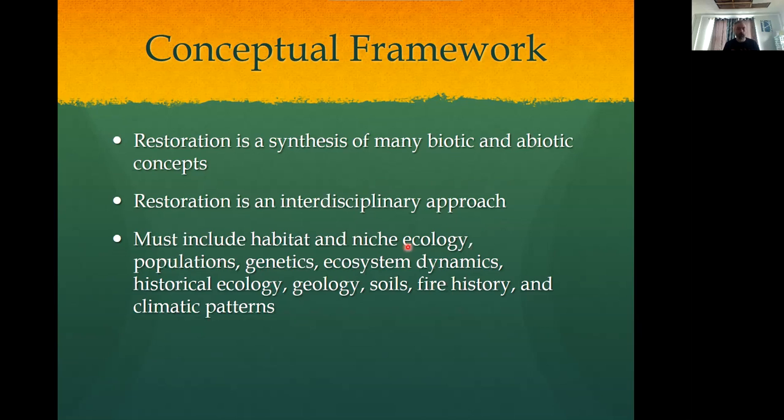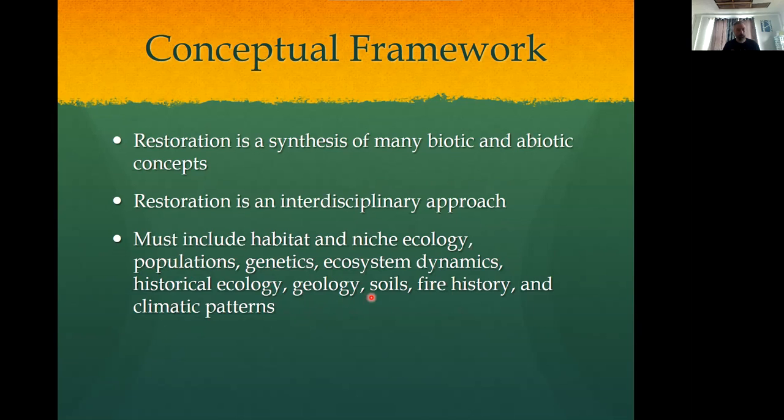So you do need to know, obviously, some ecology here, some basic population ecology, a little bit of genetics. We're not going to cover genetics, but you need to understand a little bit, maybe hear about some of the interbreeding of populations. Dynamics, so how the ecosystem is changing through time. Does it have a cycle? What did it used to look like?